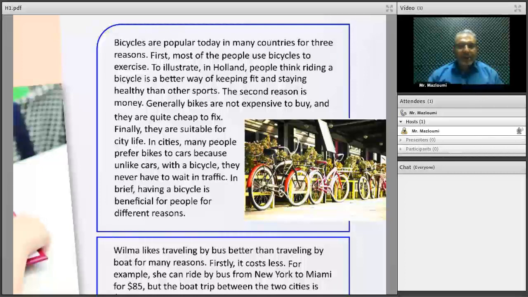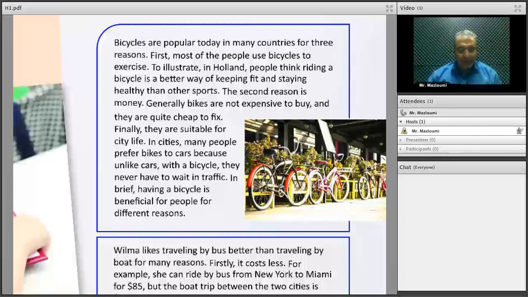The second reason is money. Generally, in general, usually, bikes are not expensive to buy, and they are quite cheap to fix. This is our second supporting idea, the second reason. Finally, they are suitable for city life.